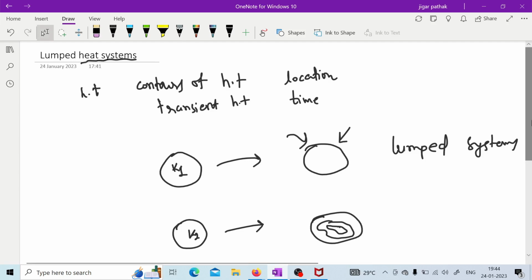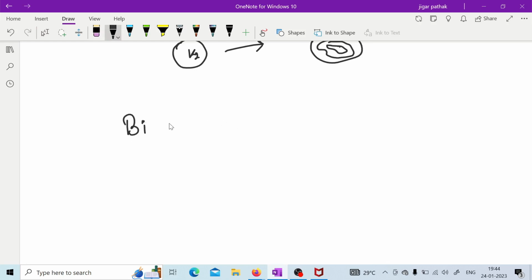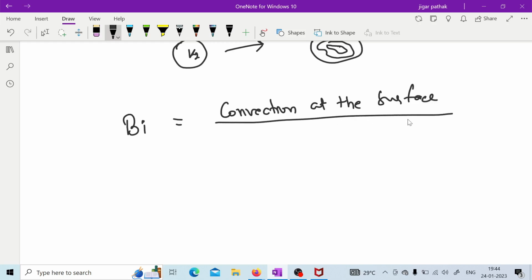So for that, you need to first check the Biot number in order to check whether the system is a lumped system or not. Biot number is nothing but convection at the surface divided by conduction within the body.